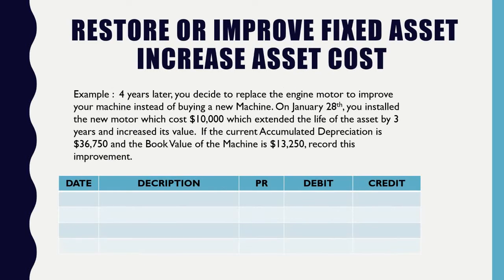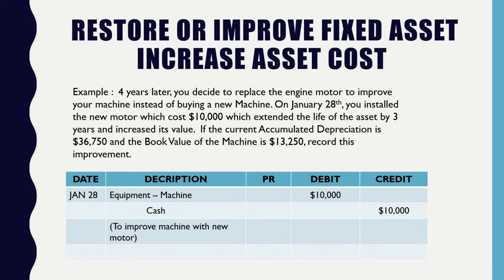So now, what happens if I decide to increase my asset cost instead? Okay? Same exact scenario, but this time, instead of recording it against my accumulated depreciation, what happens if I actually add that value to my fixed asset? Here I record that I put an extra $10,000 into my equipment, and here's the cash.